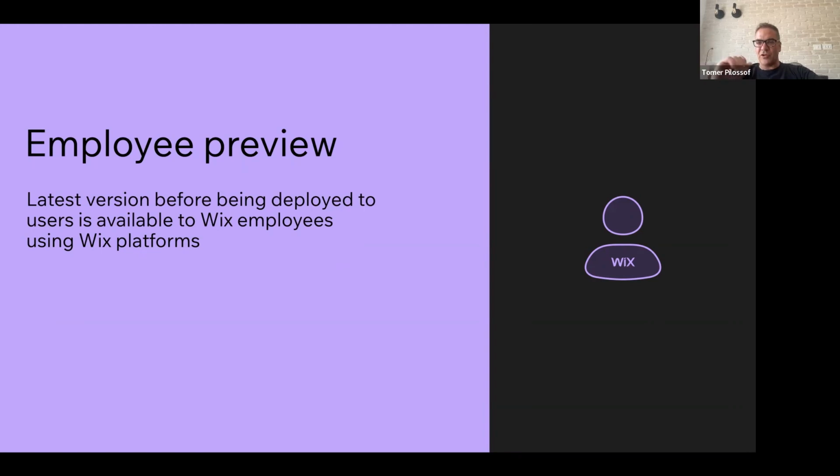So the new change is always the version that the Wix employees are getting. And since we have about 6,000 employees, and some of them are working on our website constantly, like customer care, product managers, and even developers, we are able to identify some issues even before they get into the production environment.